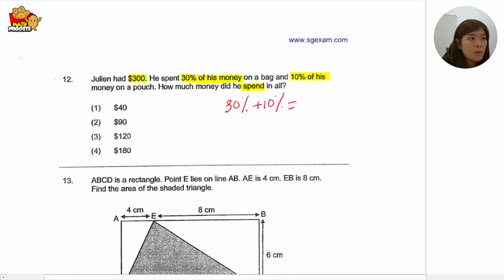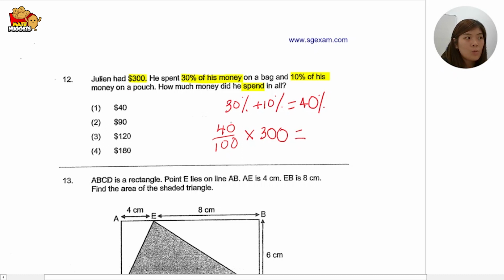So in total he spent 40% of his money on both the bag and the pouch. So it will be 40% of his money, so 40 over 100. First we convert the percentage into a fraction, then we multiply by the sum of money that he has, which is 300, to find out how much money he spent in all.